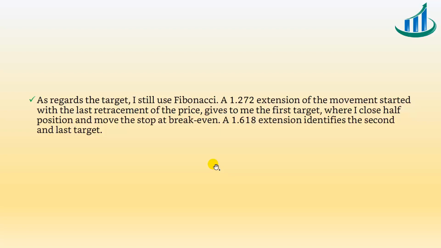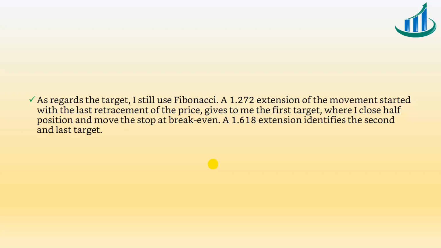And as regards the target, I still use Fibonacci. A 1.272 extension of the movement started with the last retracement of the price gives me the first target, where I close half position and move the stop at break-even.